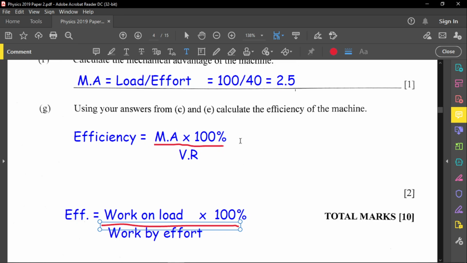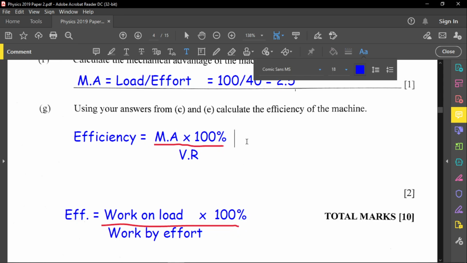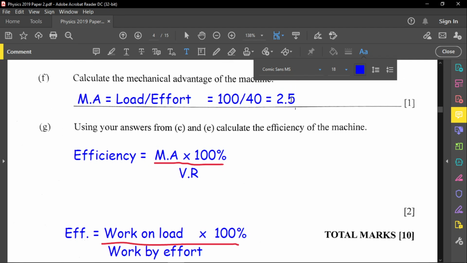So let's say I'm using this formula: mechanical advantage times 100 over velocity ratio. We know the mechanical advantage. Let's go back to it a little bit. Mechanical advantage is 2.5, so this equals 2.5 times 100, all divided by velocity ratio.